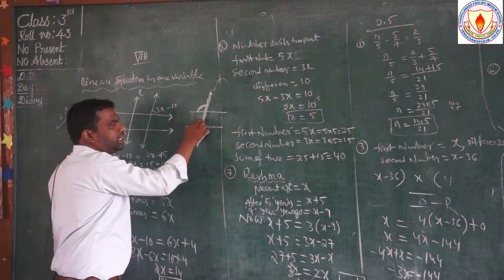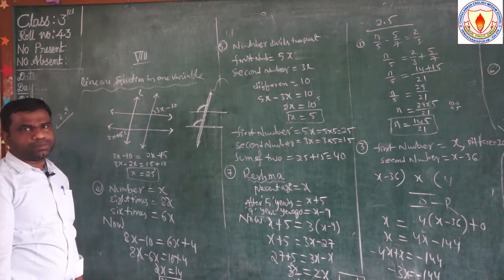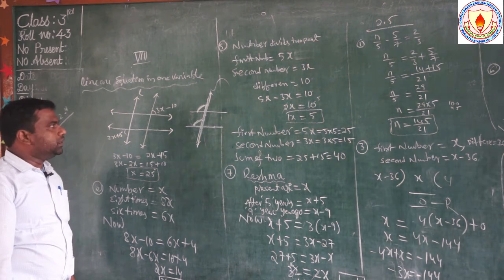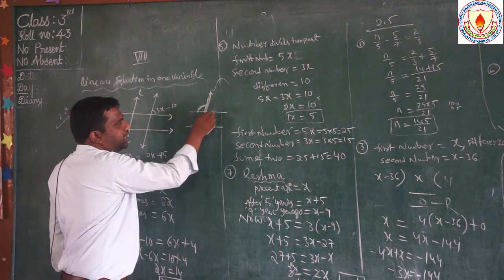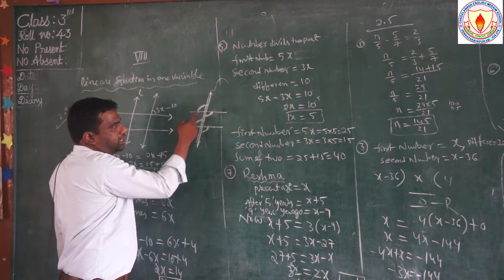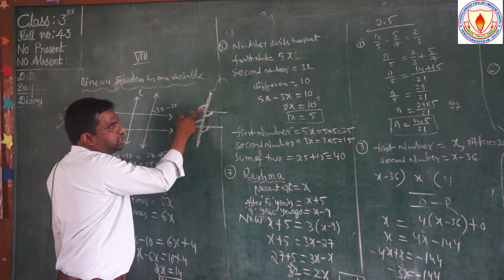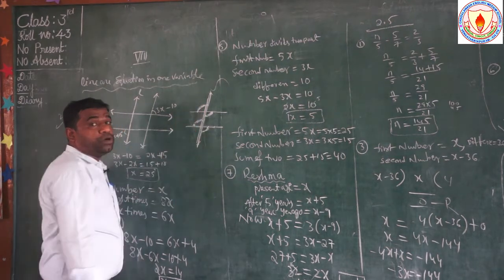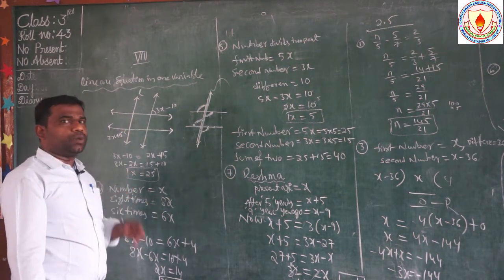Corresponding angles are equal. And these are the opposite angles. Opposite angles are equal, and corresponding angles are equal.